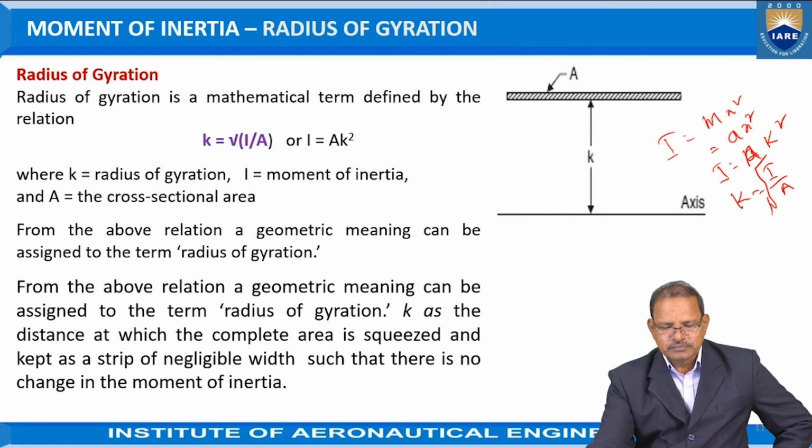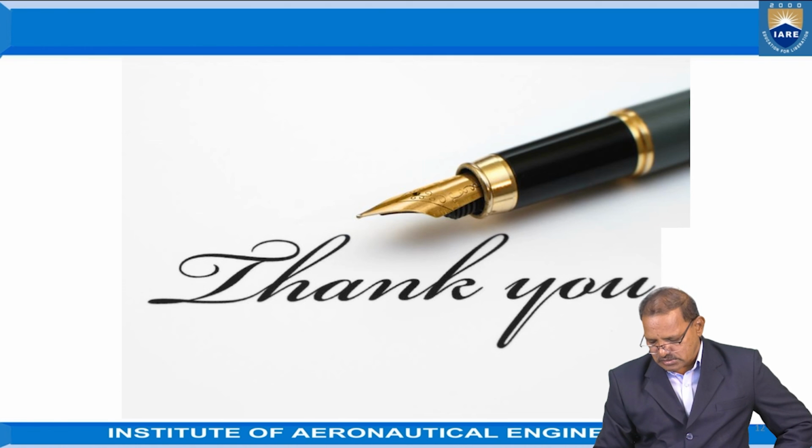Now, k is equal to the square root of I by A, where I stands for the moment of inertia and A stands for the area of the plane. It is the distance between the reference line and the point at which the area of the entire plane is assumed to be concentrated. This point is called the radius of gyration.